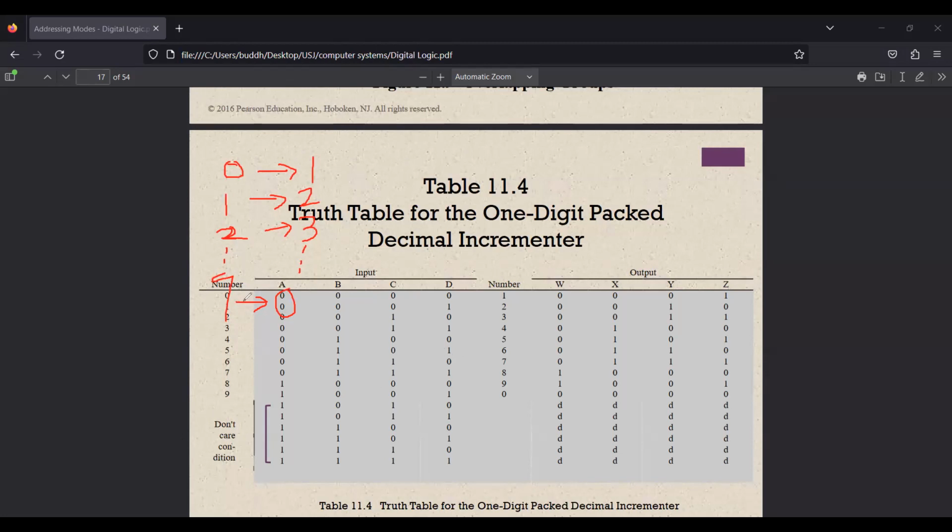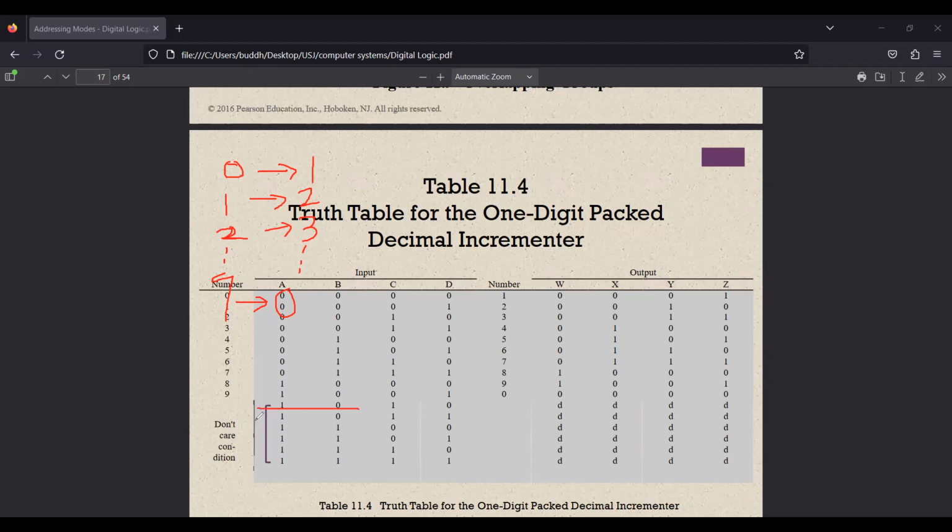So this is the truth table A, B, C, D. So 0 can represent all zeros up to 9. And since there are 4 variables, there should be 16 rows. But since we need 0 to 9, we do not require anything after number 9.